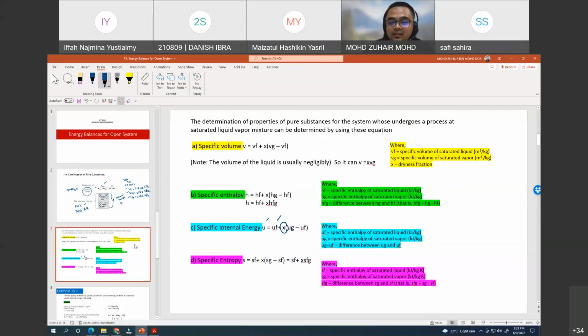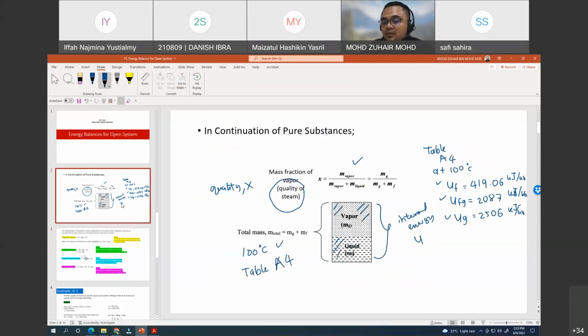Okay, let me go back here. So if you are referring to the internal energy of the mixture, it's Uf plus x. x is the quality. So we need to know the quality first. And then this is the Ug minus Uf, which is Ufg.